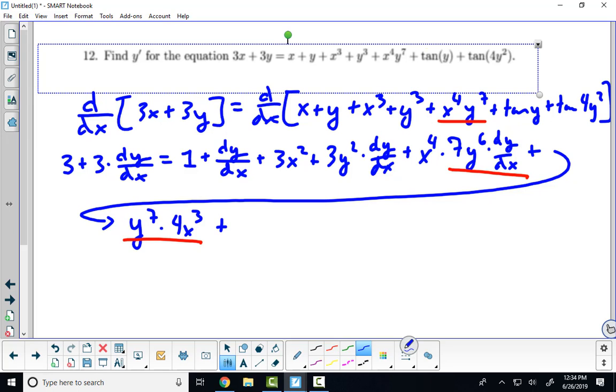We're now taking the derivative of the tangent of y. Everyone write out the derivative of the tangent of y. Check with your neighbor. Mia, what did we get for the tangent of y's derivative?